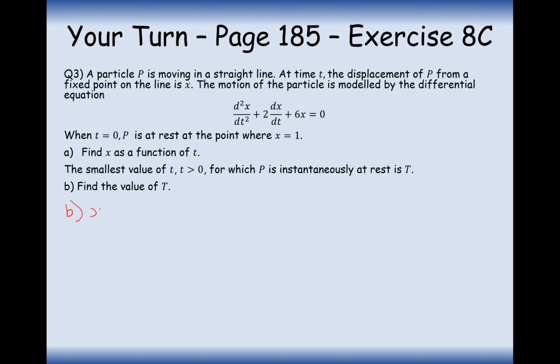It was x equals e to the minus t bracket cos root 5t plus root 5 over 5 sine root 5t. Okay, so we'll now need to differentiate it. So the derivative is going to be minus e to the minus t, and then we'll keep all this stuff here the same.